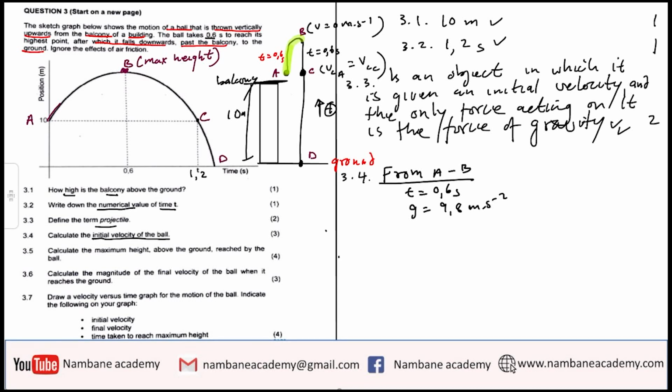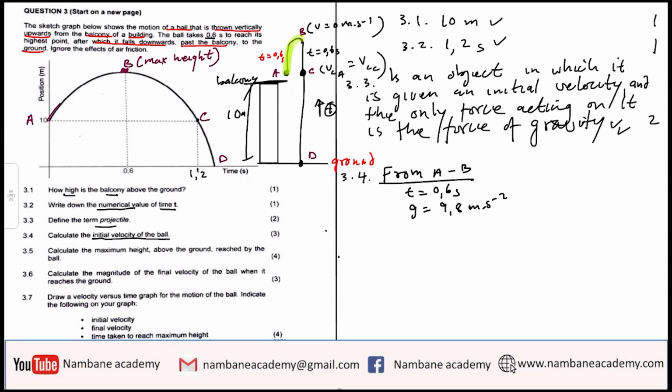I said when I was elaborating earlier that we need a maximum of 3 variables for us to perform a calculation. The 2 will obviously be given. Time clear, 0.6. G constant, it's now given. What do we need more?